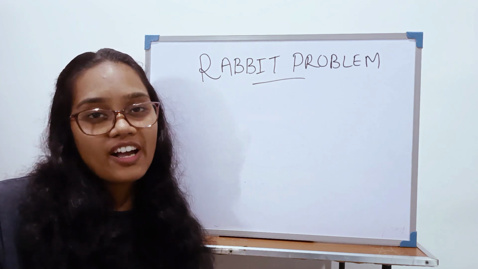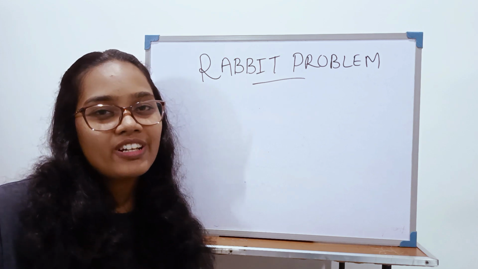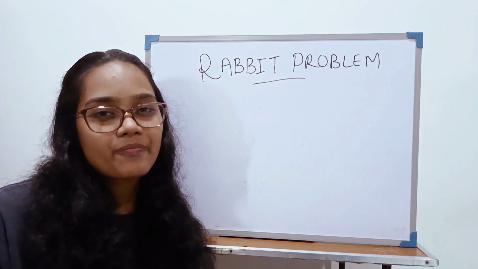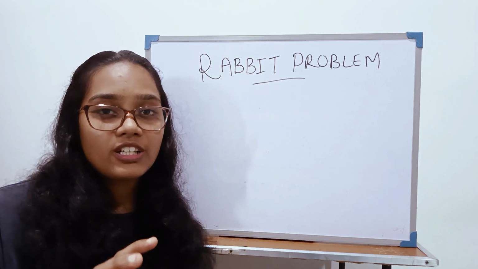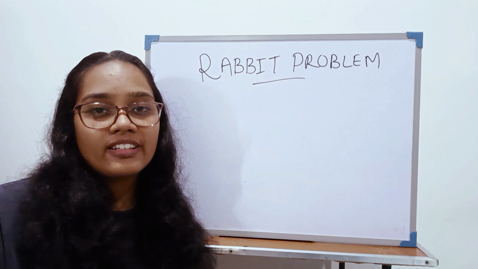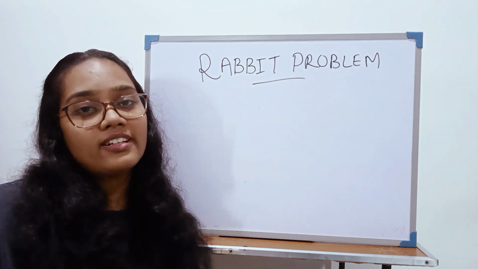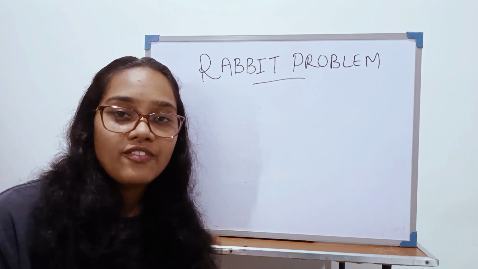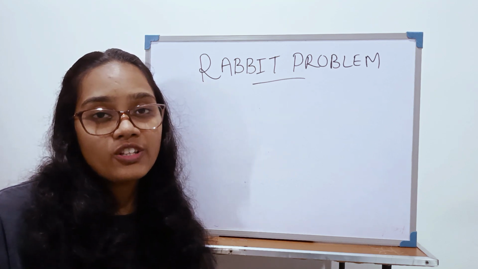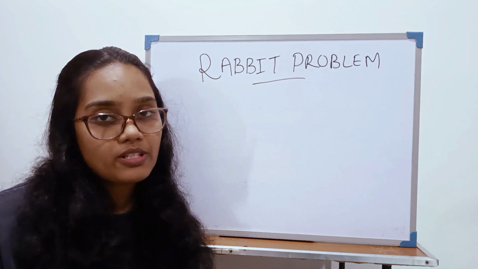So now I will tell you guys a story about this pair of rabbits. Assume we have a pair of newborn rabbits, and also we are assuming that these rabbits never die. As I said earlier, we are starting with exactly one pair of newborn rabbits.